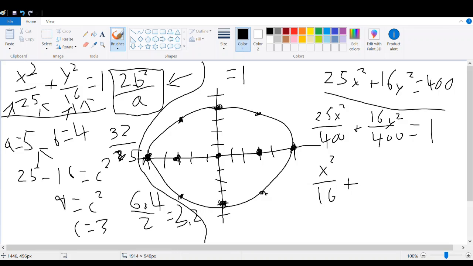And 16y squared over 400 can be reduced to y squared over 25. Those numbers seem familiar. I'm pretty sure I switched them around from here on purpose, and every problem in my textbook has done pretty much that.